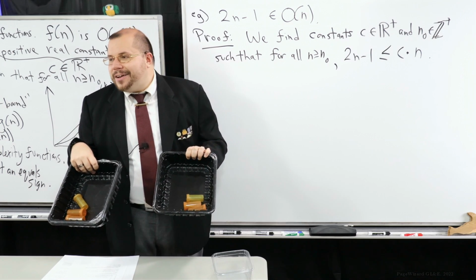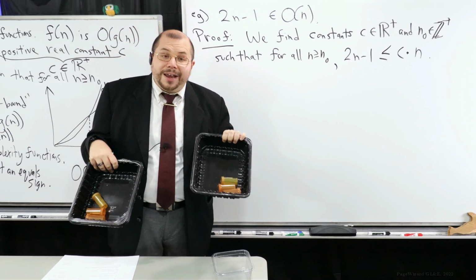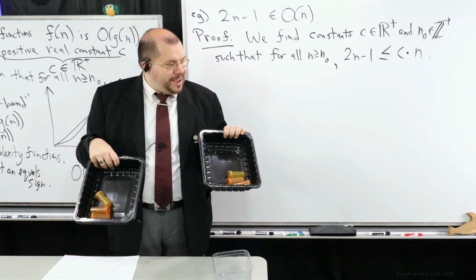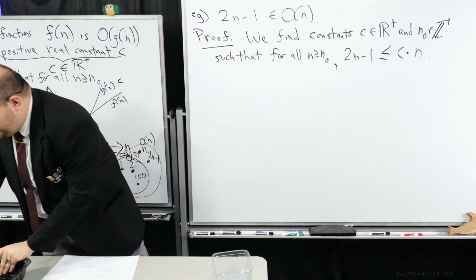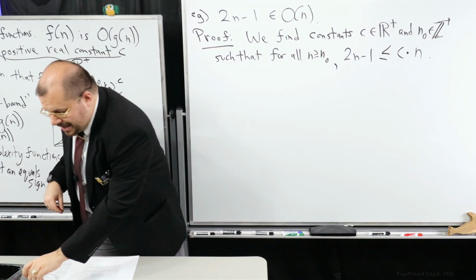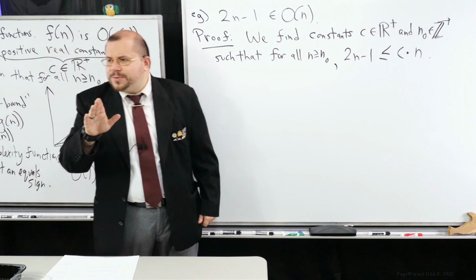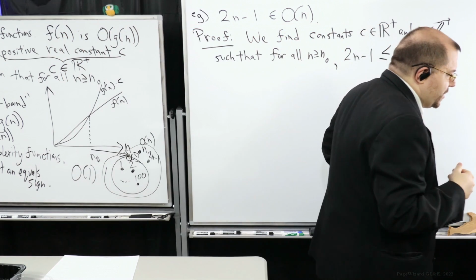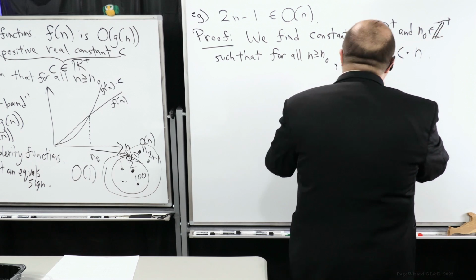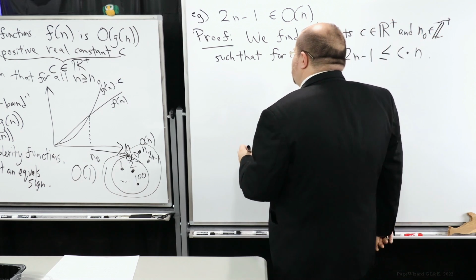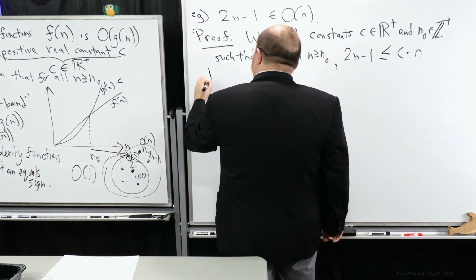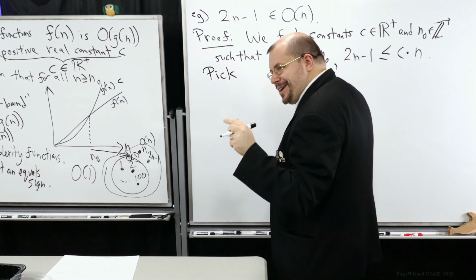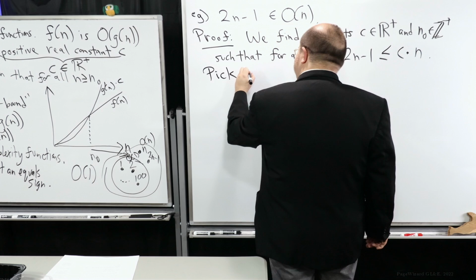And whatever's left, if I include an extra n on this side, it most certainly will be larger or match whatever's on the left-hand side. So we're going to use this bucketing approach to decide on what to use for c. Any ideas of what we should pick for c? Keep in mind, there isn't just one answer here. What I'm going to do, just for the sake of simplicity, as I mentioned, we can get a little bit smarter about this, but I'm just going to keep it simple.